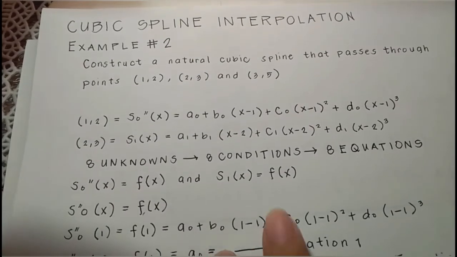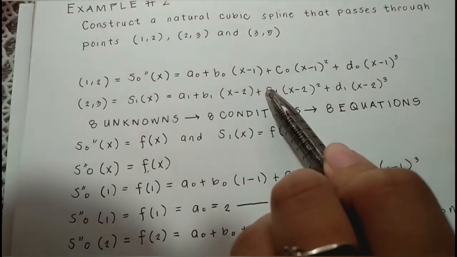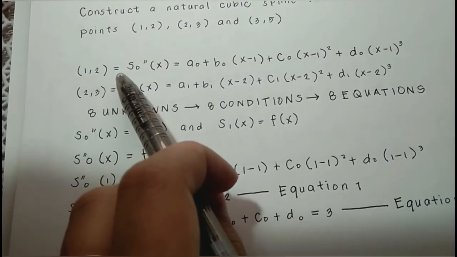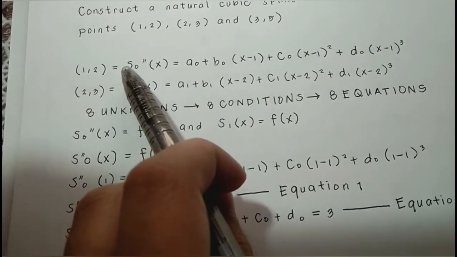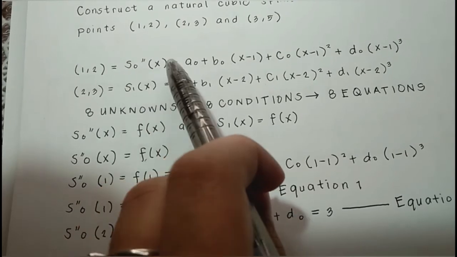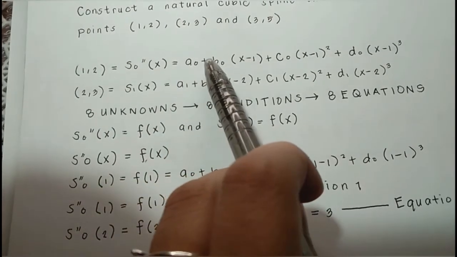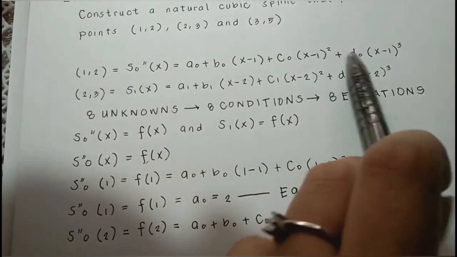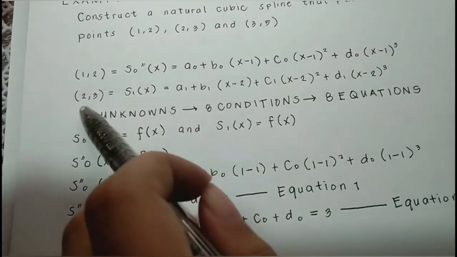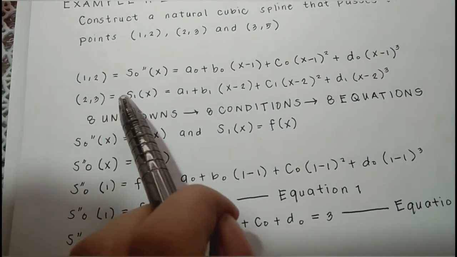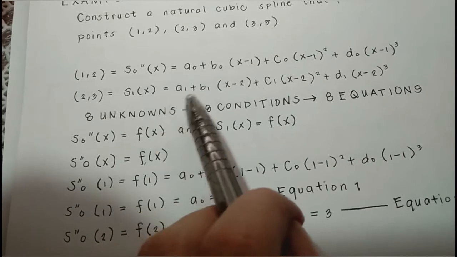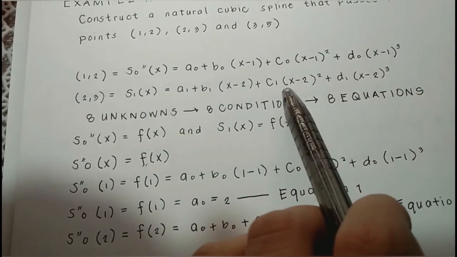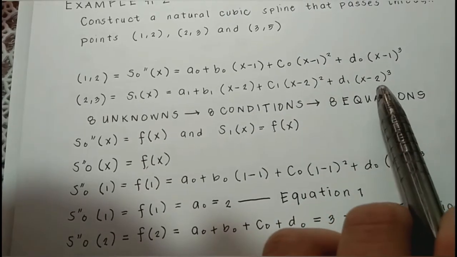So the first step is we get the intervals. So 1 to 2 is equal to s node of x is equal to a node plus b node x minus 1 plus c node x minus 1 squared plus d node x minus 1 cubed, and 2 to 3 is equal to s sub 1 of x is equal to a1 plus b1 x minus 2 plus c1 x minus 2 squared plus d1 x minus 2 cubed.